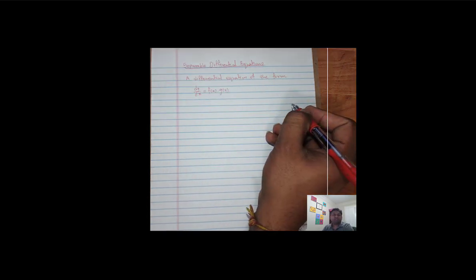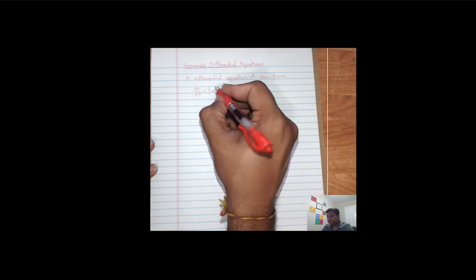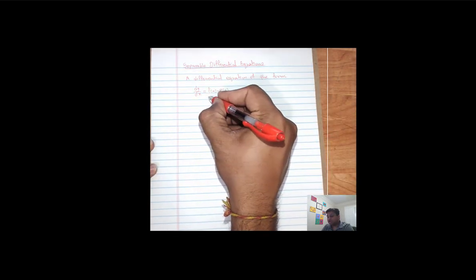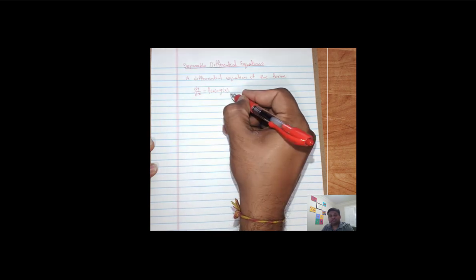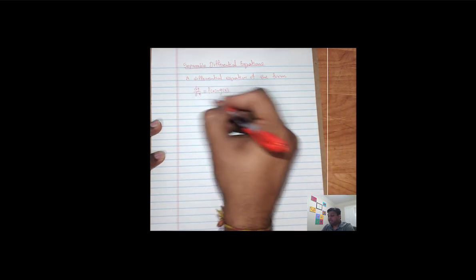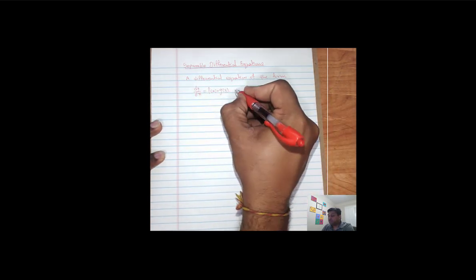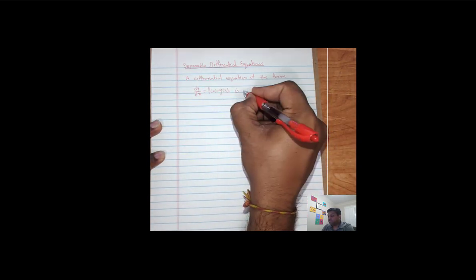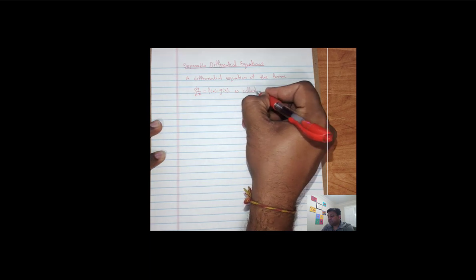This is a very special type of right side function, where the right side can be seen as a product of a function of x and a function of y. If you have a differential equation in this form, then we call it a separable differential equation.